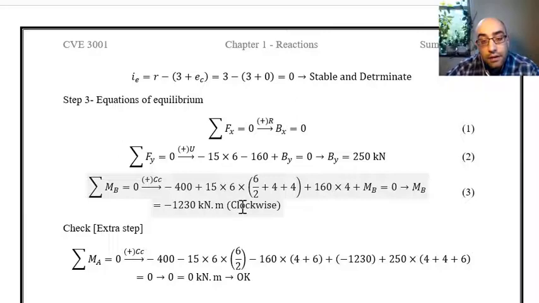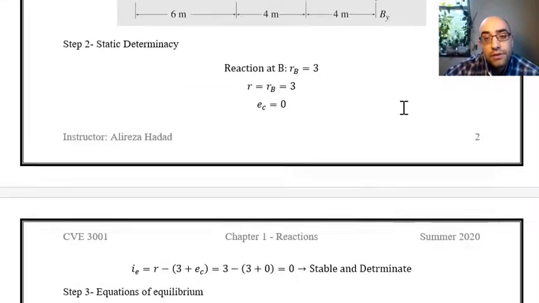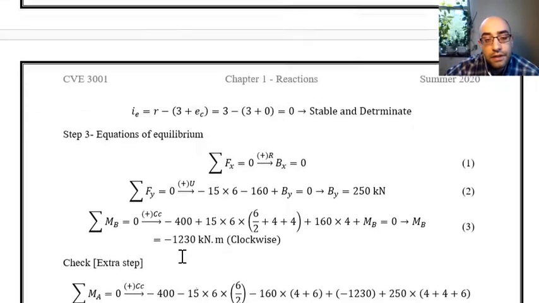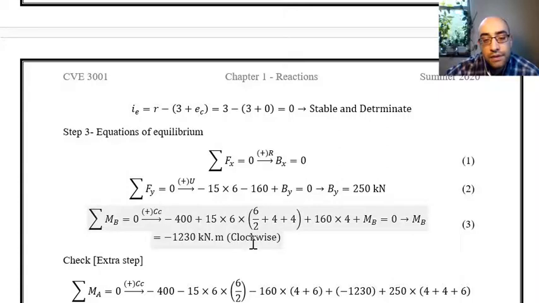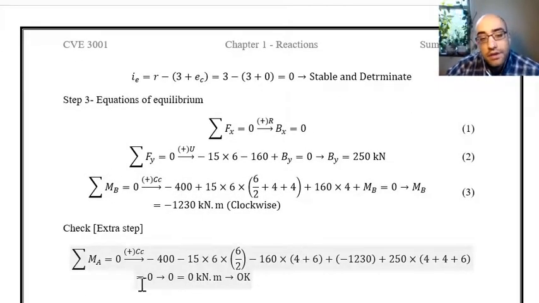The direction that I always mention in parentheses after the forces means the correct or actual direction of the moment or force. I assumed at first it is counterclockwise, but I found it negative, which means that the moment is actually clockwise.